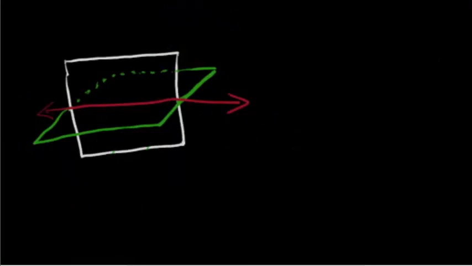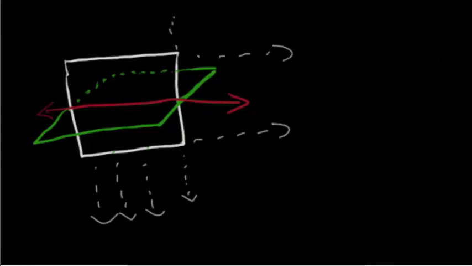Likewise, this second plane goes on and on forever in that direction. And it goes on and on forever in this direction. And up. And it goes on and on forever to the left as well.